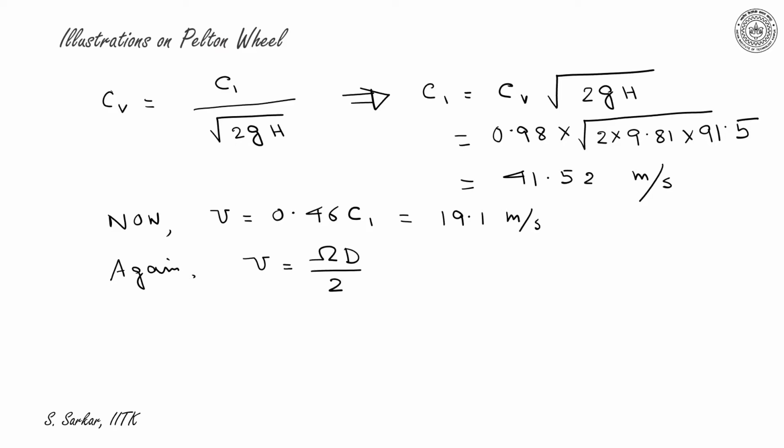From here I can evaluate the wheel diameter D as twice U divided by omega, that is twice U divided by 2 pi N by 60.